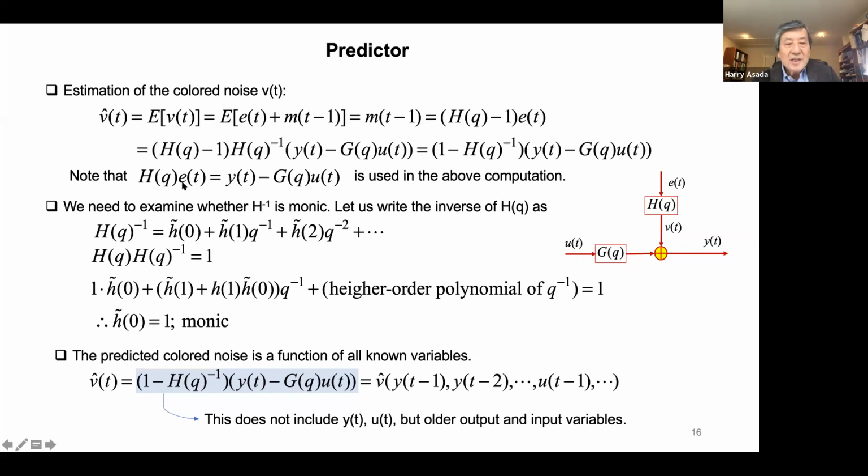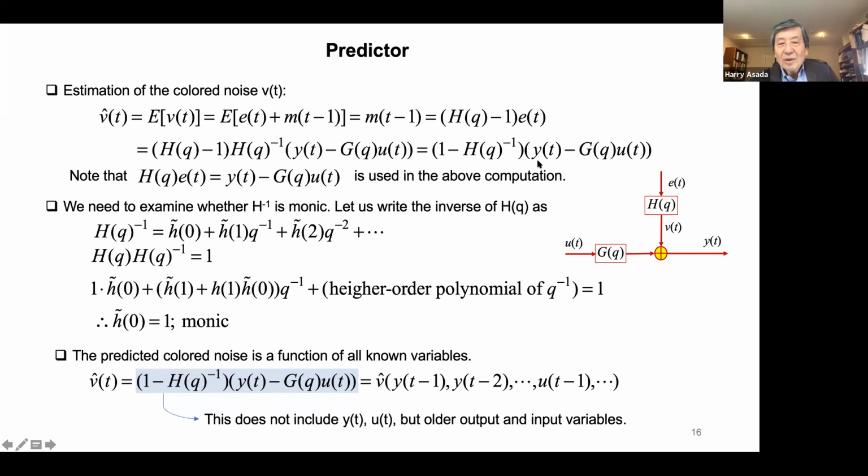So e(t) is obtained by dividing by H(q) on both sides. This is the term to replace e(t). Now distributing this, we get (1 minus H inverse) times (y minus G u(t)). If you observe y and u, we should be able to predict this part to this extent.